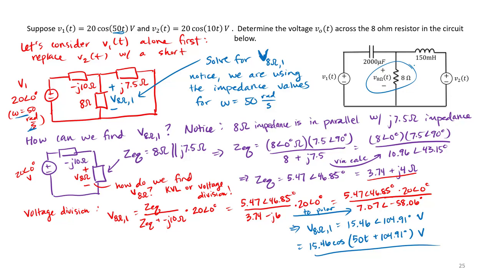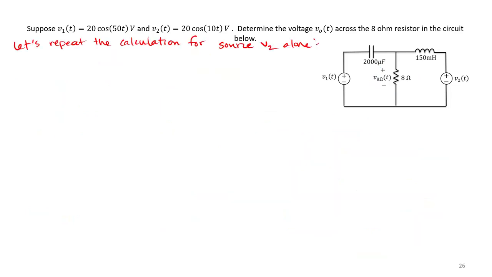We now need to repeat this process for our source V2. So we're going to repeat our calculation, but now we consider V2 all by itself. So if we do that, notice now V1 gets replaced with a short, and we are left with the following.